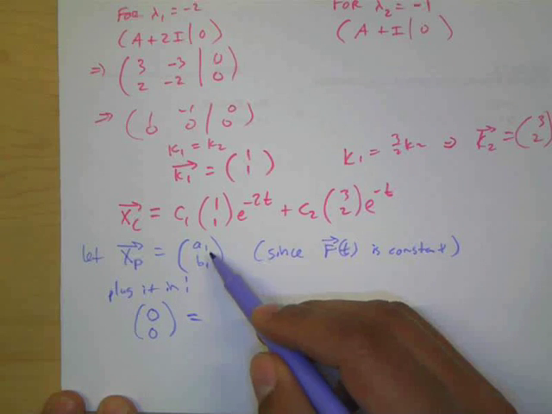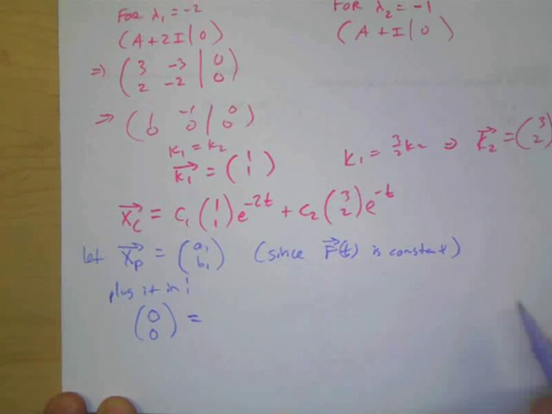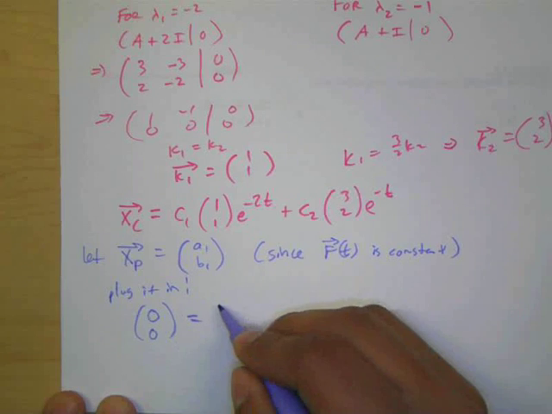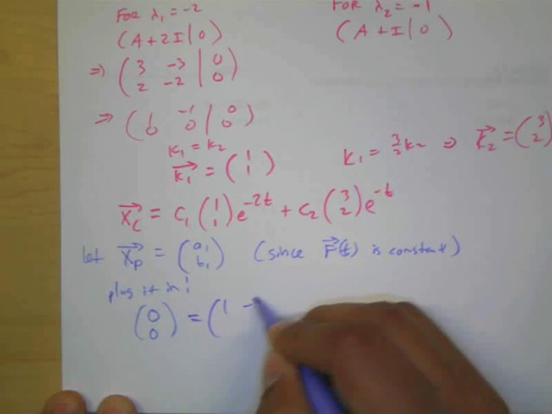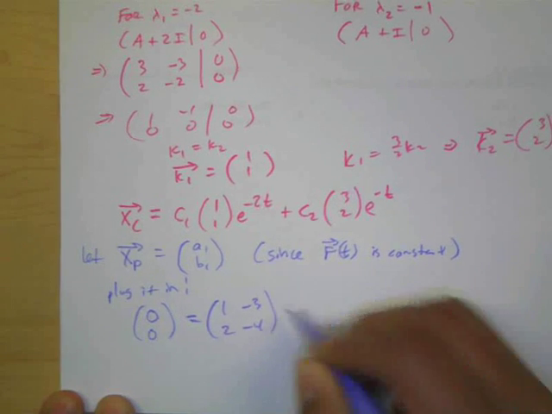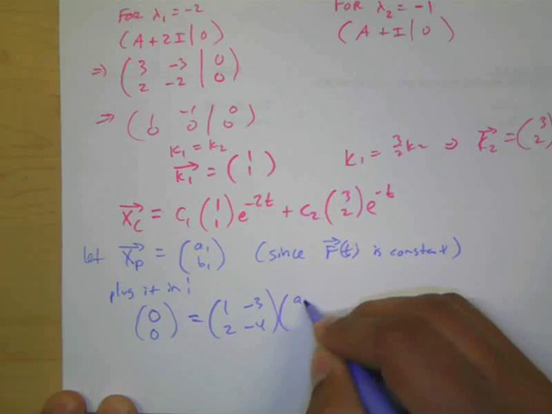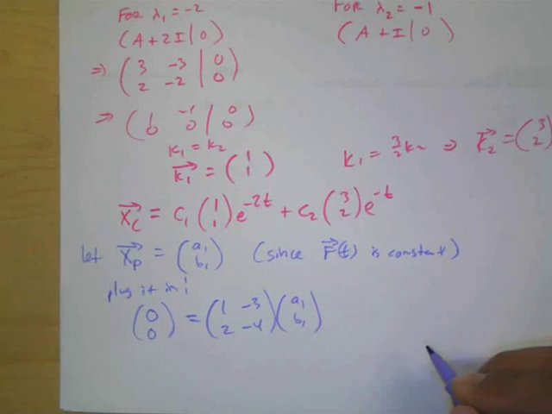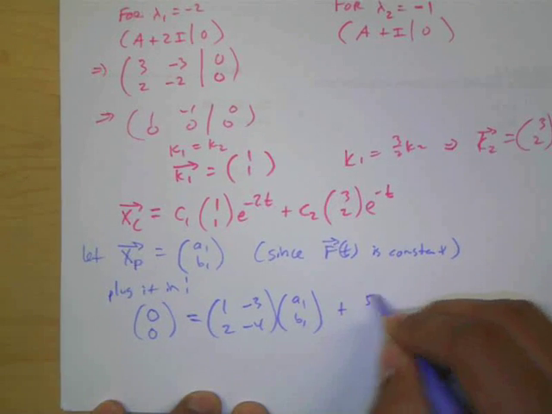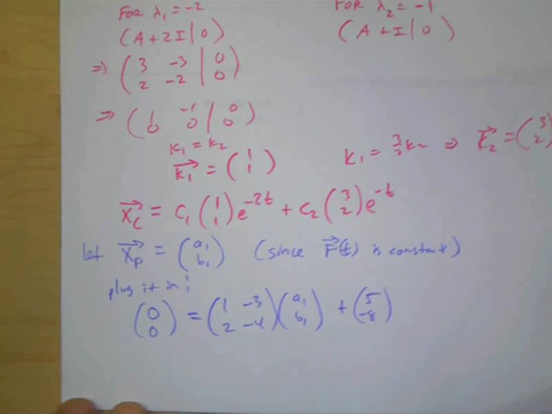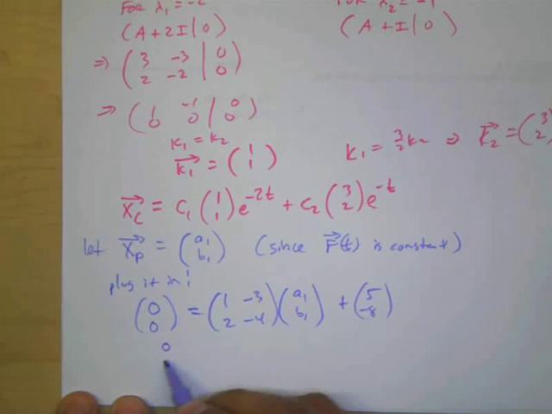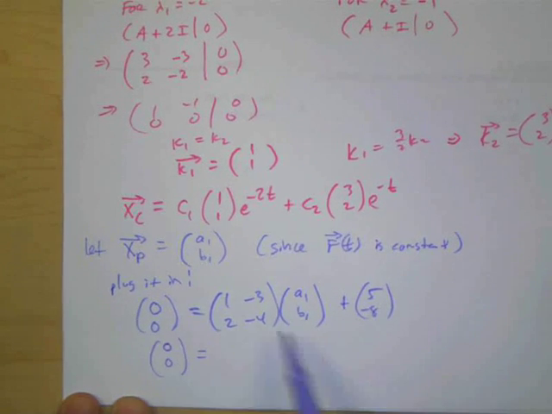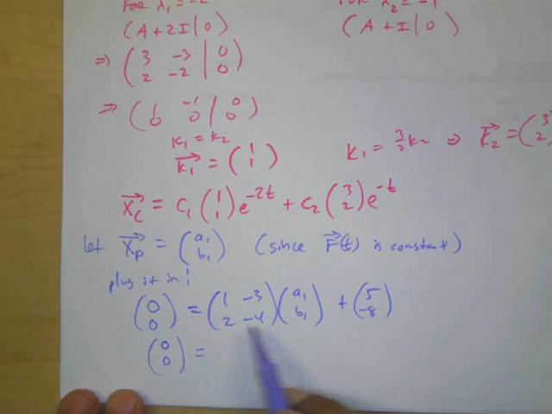On the right side, we're multiplying A1, B1 with, I could just write it down. So that's 1, negative 3, 2, negative 4 times our particular solution, plus 5, negative 8. So what's this product going to be here?